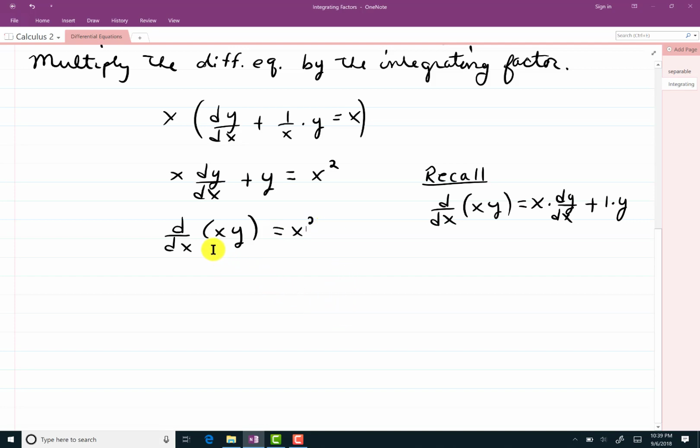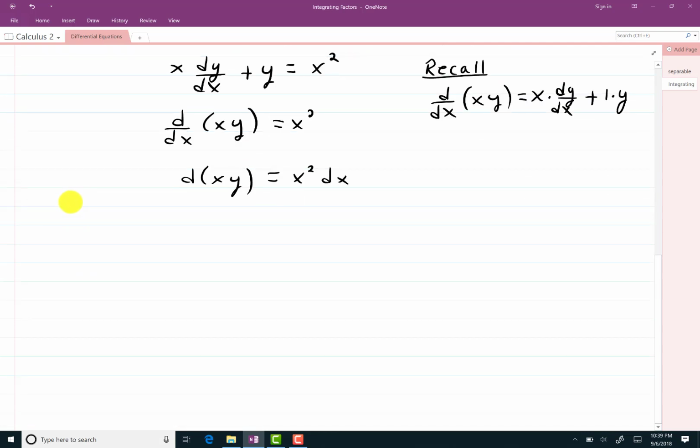Then, to finish this off, I'm going to multiply through by the dx. So I have d of xy, I'll explain this in a minute, equals x squared times dx. Now I'm ready to integrate both sides of the equation. The left-hand side is actually very easy.